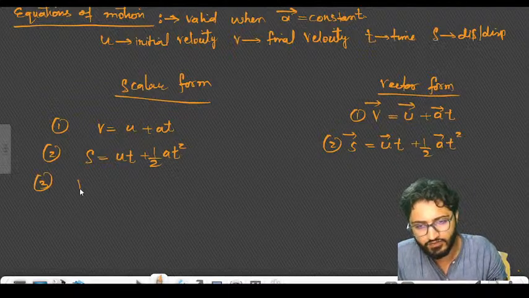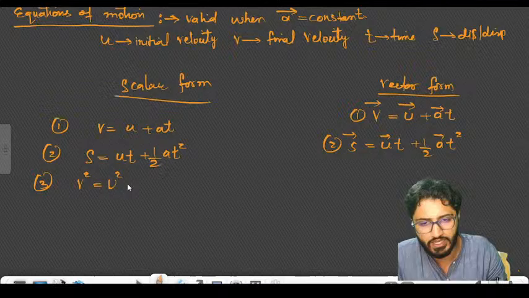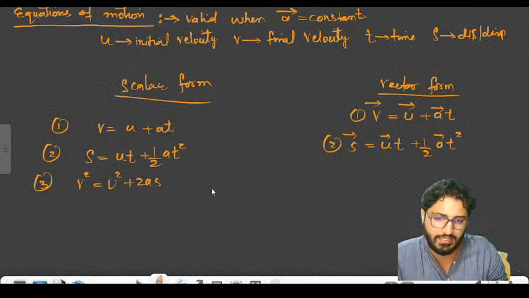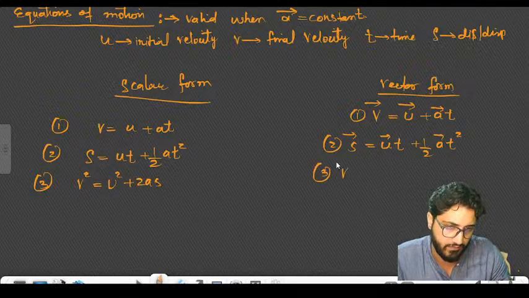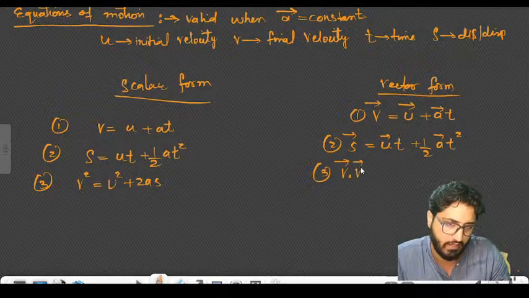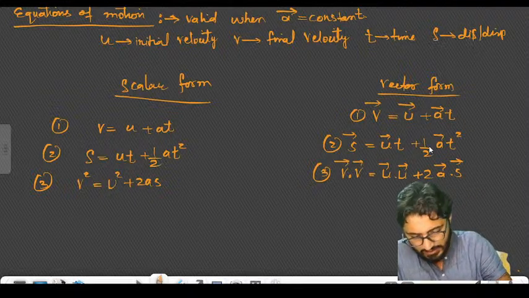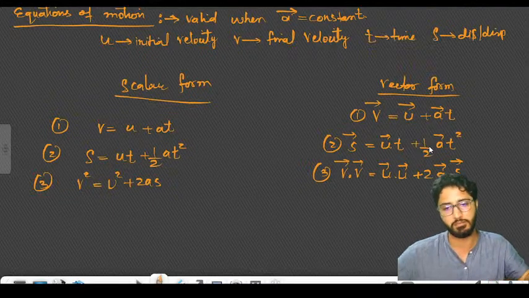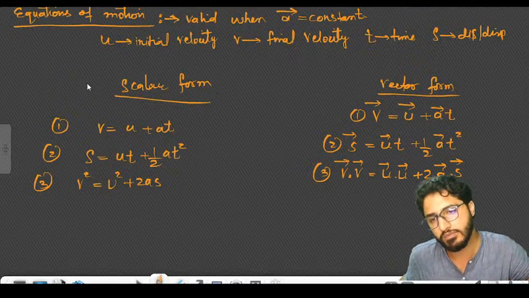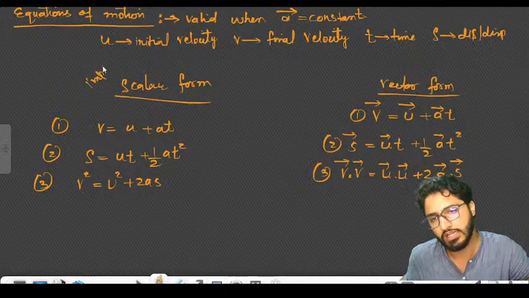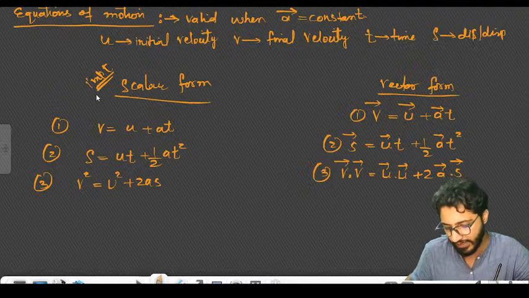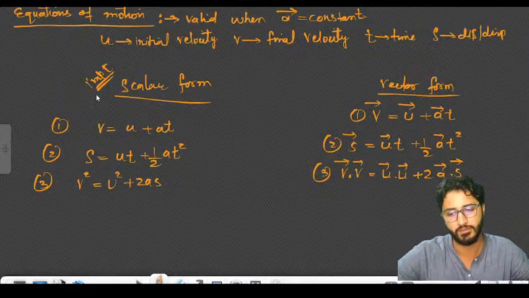Third: v square equals u square plus 2as. In vector form, v vector dot v vector equals u vector dot u vector plus 2 times a vector dot s vector. These are the equations that you need to remember. Only the scalar form is important, not the vector one.